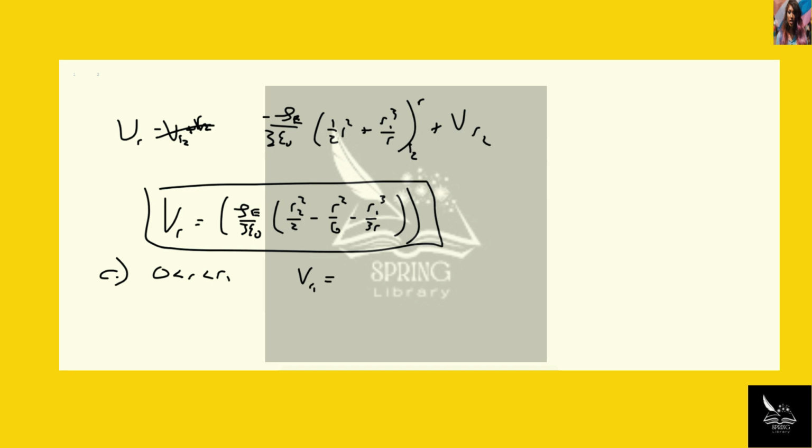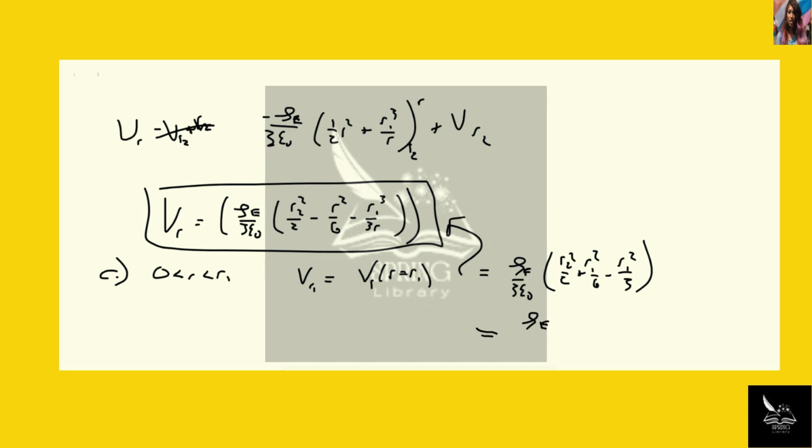So from this, we can just plug in V of r equaling R1, which we did up here. And that gets us rho E over 3 epsilon naught, R2 squared over 2 plus R1 squared over 6 minus R1 squared over 3.